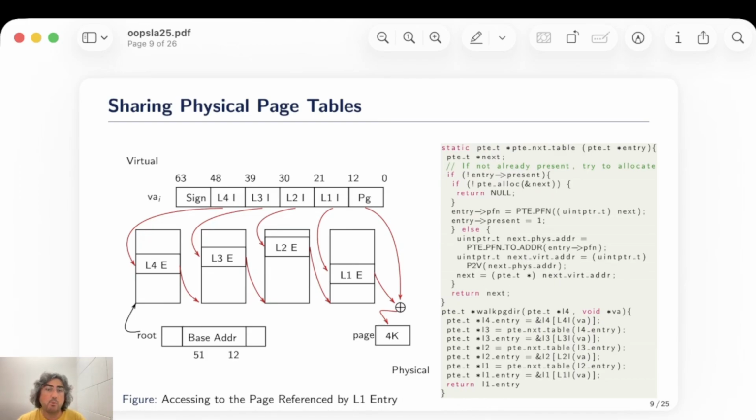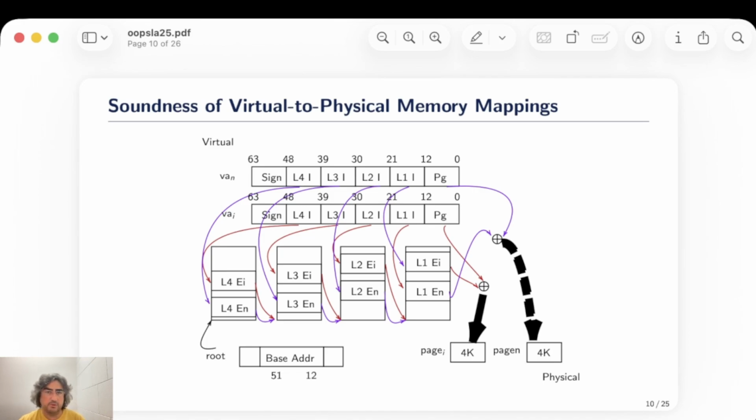So it modifies, it changes the shared physical page tables. This is important because if this is done without following any protocol, accessing and mutating these shared physical page tables would cause all the other virtual to physical memory translations in the same address space to be invalid.